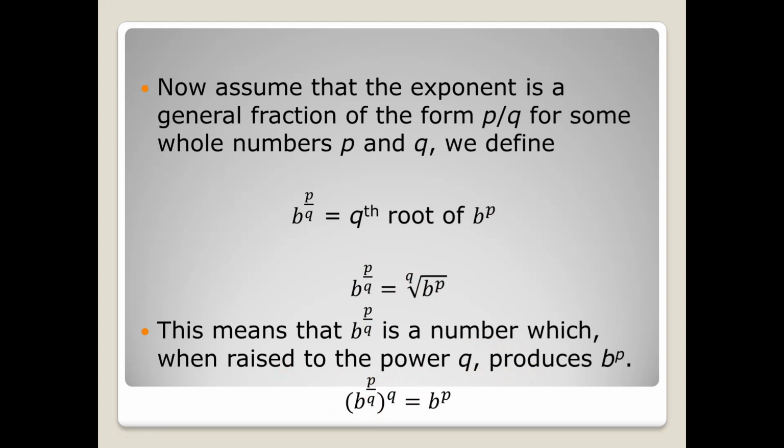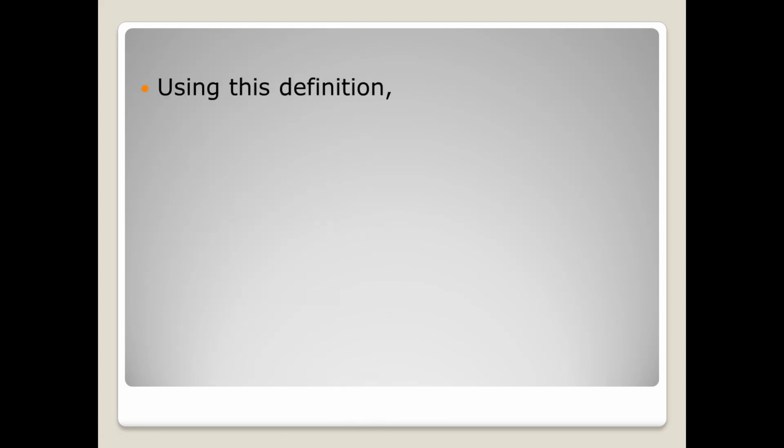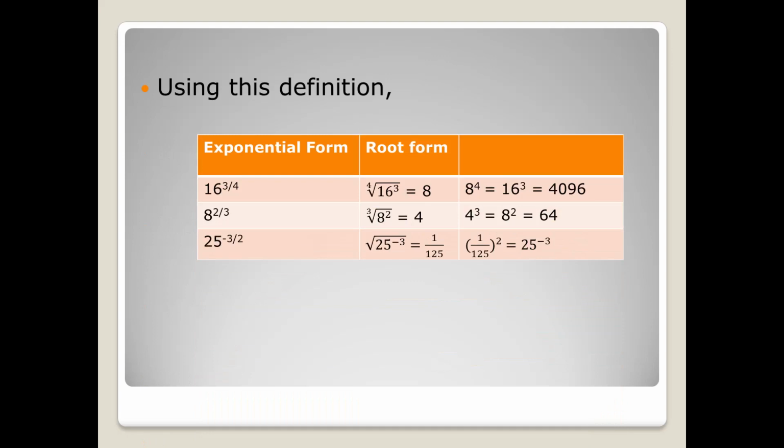Don't worry about these definitions. Later on, we'll have some examples. Here, the picture will be more clear. Okay, using this definition, then we can generate this table similar to the previous table. So 16 to the power of 3 over 4 is the fourth root of 16 to the power of 3, that is 8. Why? Because 8 to the power of 4 is 16 to the power of 3, that is 4096. Similarly, 8 to the power of 2 over 3 is the cube root of 8 squared, that is 4.